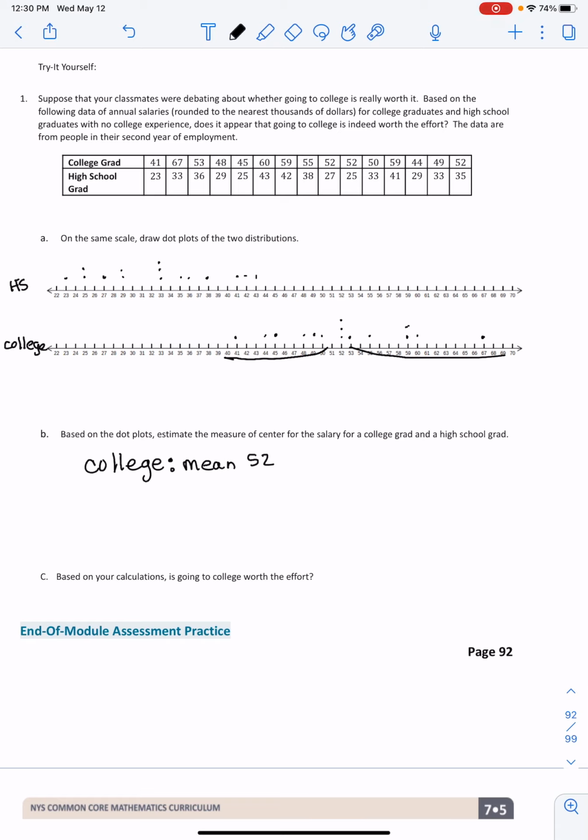And here, I'm looking at the mean for high school. Is probably about 33.